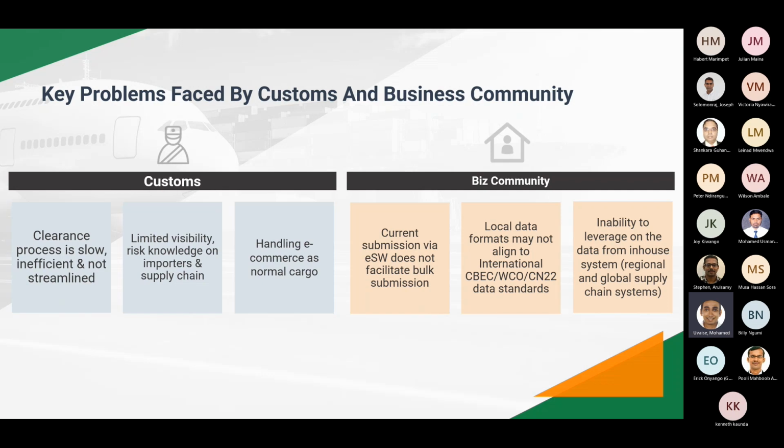Another point is the inability to leverage data that is already available on e-commerce platforms. This data could not be reused. If there's a way we could reuse this data, it could facilitate the clearance process, the risk assessment process, and bringing in the goods, and facilitate trade overall at a national level.